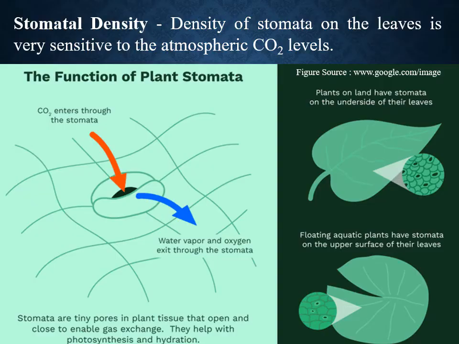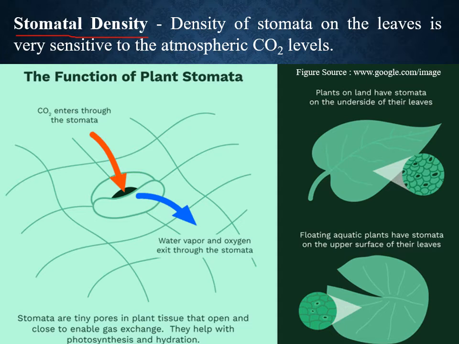The other type of plant evidence by which we can learn about the ancient climatic condition is the stomatal density. Now we all know that stomata are the pores present on the underside of a leaf lamina by which plants exchange gaseous material with the atmosphere.